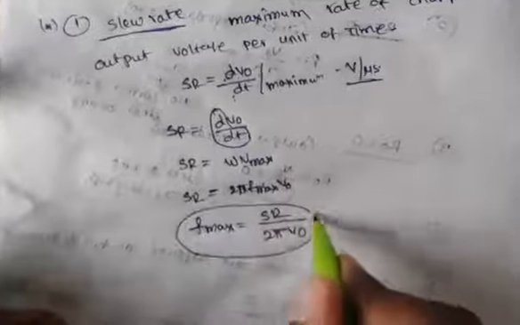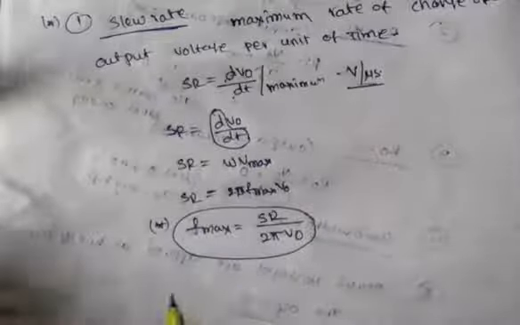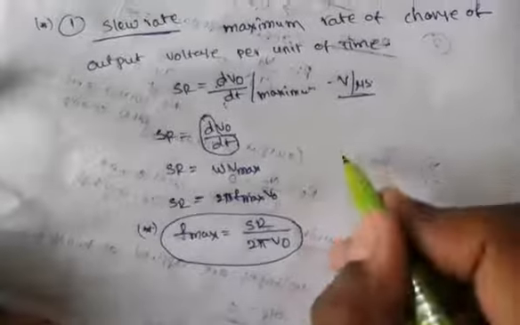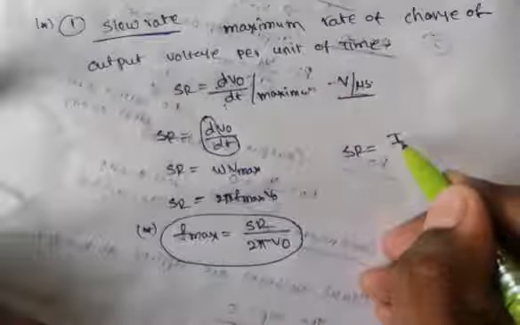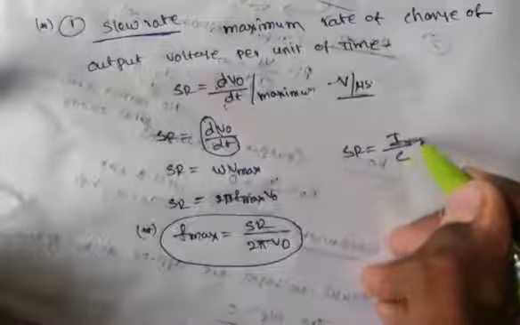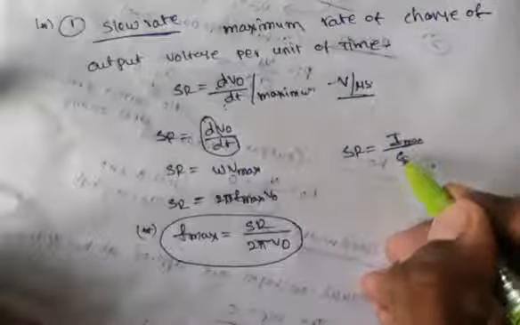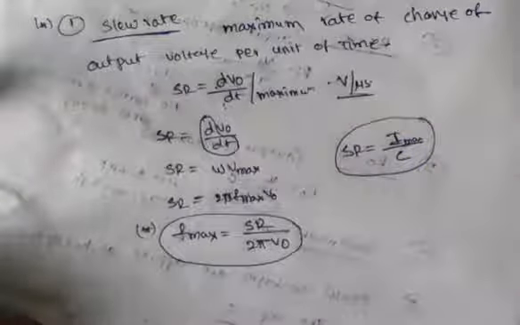This is also a very important formula. It has come 2 times from the GATE examination point of view. Slew rate is also defined as I by C, where I is the maximum current flowing with respect to the capacitance. This is also a basic definition of slew rate.